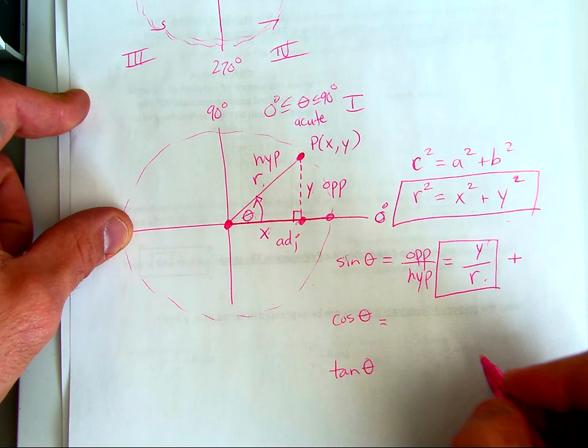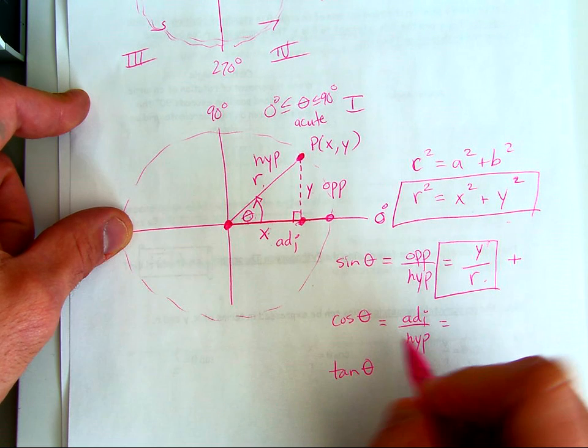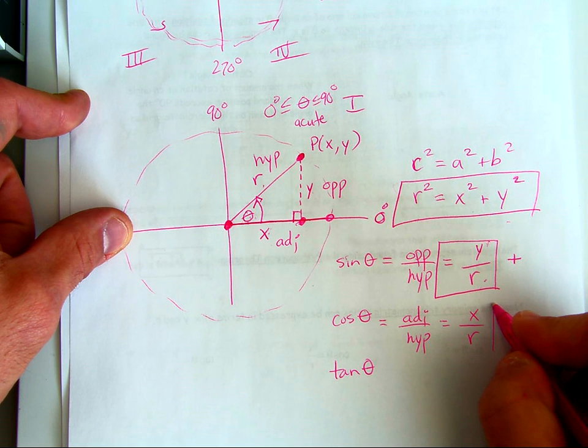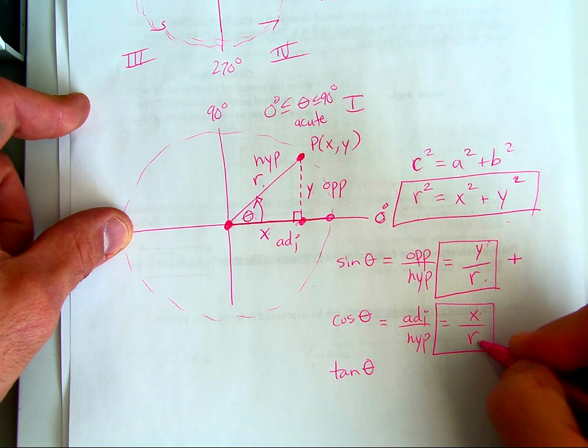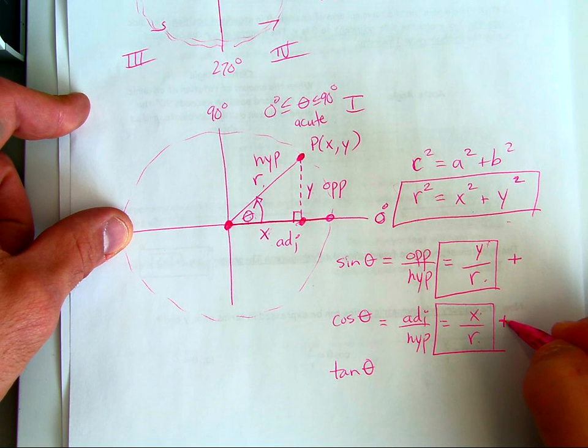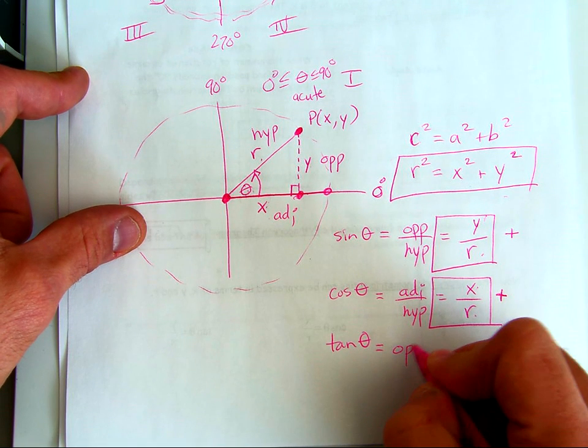Your cos, being adjacent over hypotenuse, according to this diagram, adjacent is x, all over hypotenuse is r. And so cos theta is x over r. And x is a positive number, so is r. So positive divided by a positive makes cos positive in this quadrant as well. Last one, tan. Tan, you know, is opposite over adjacent.